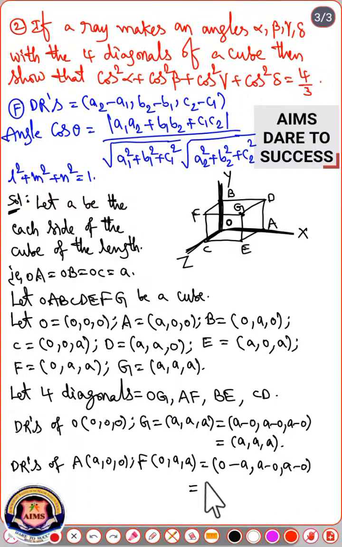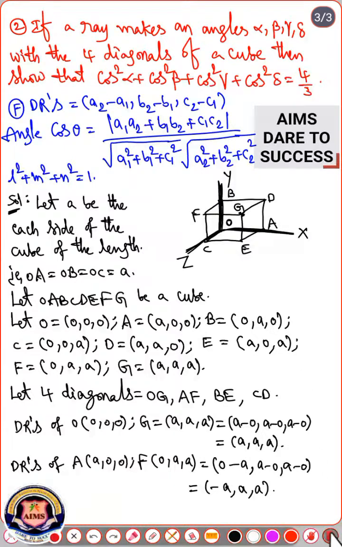So 0 minus a, children, is minus a. a minus 0 is a. Next a minus 0 is a. Don't stop. You will continue with BE and CD also. Why? Because we must use 4 diagonals.